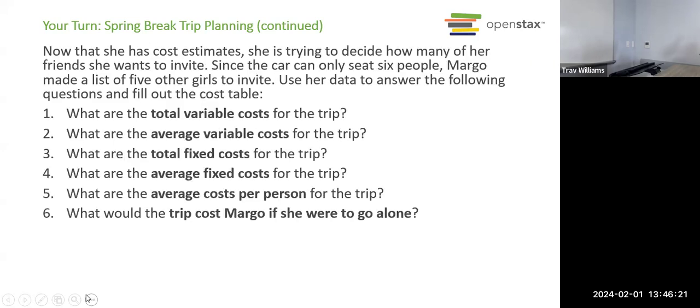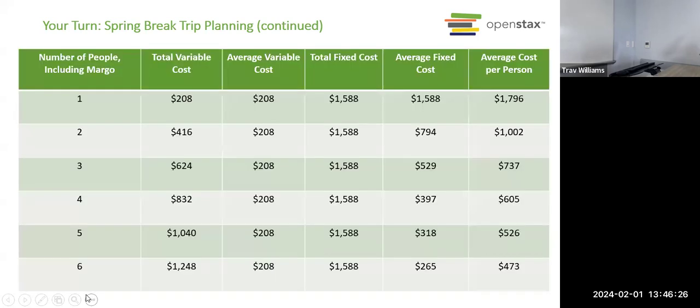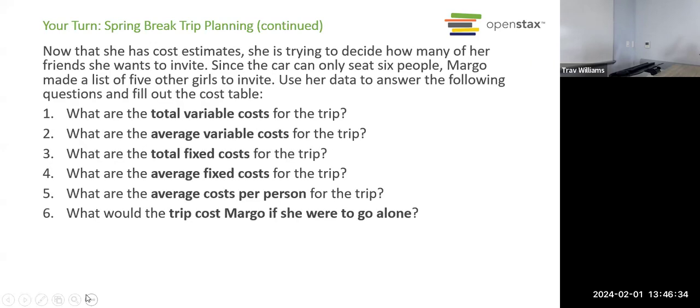All right, what are the total variable costs for the trip? So again, it's going to depend on how many people, right? But we have a column that tells us total variable costs. Did she decide how many? Okay, she decided to have a total of 6 people on the trip.